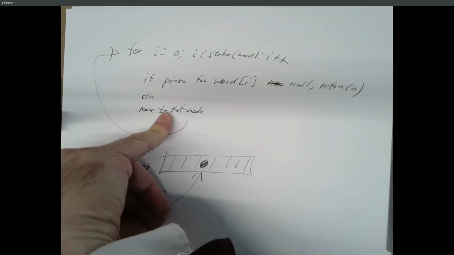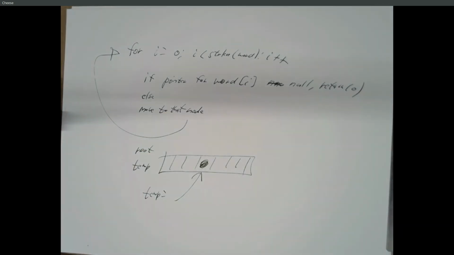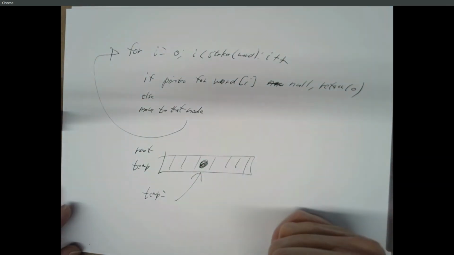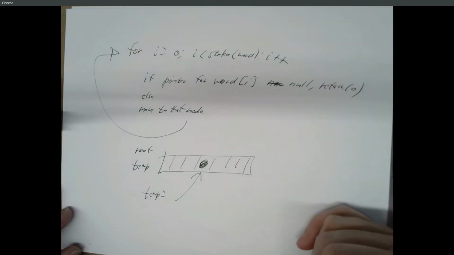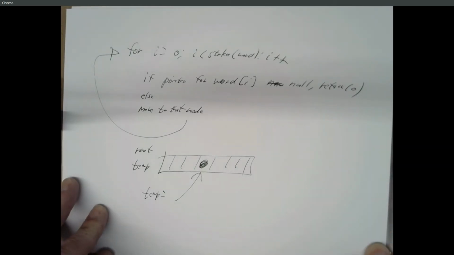Figure out the index of that and see if temp arrow letters bracket that index is null. And if it's not, set temp equal to that. As you do this, you're moving down that try page that you filled out earlier in the week. And for each letter, temp is pointing to that next node. And after your last letter, you follow that link. Temp should be pointing to that last try node that should have end of string set to 1.